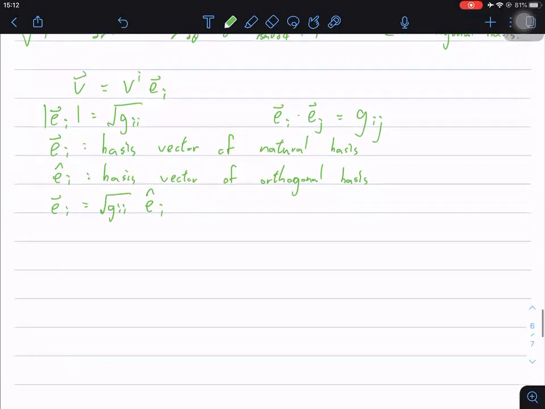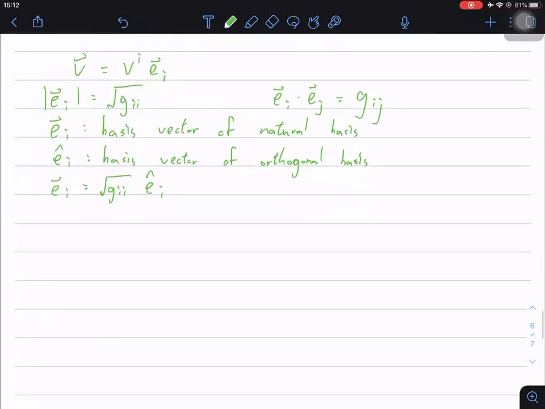Okay, so how about the vector component? This one is the length of the basis vector. How about the vector component itself? Again, from the vector, you can write it down as the vector component in the natural basis or the vector component in the orthogonal basis. Okay.